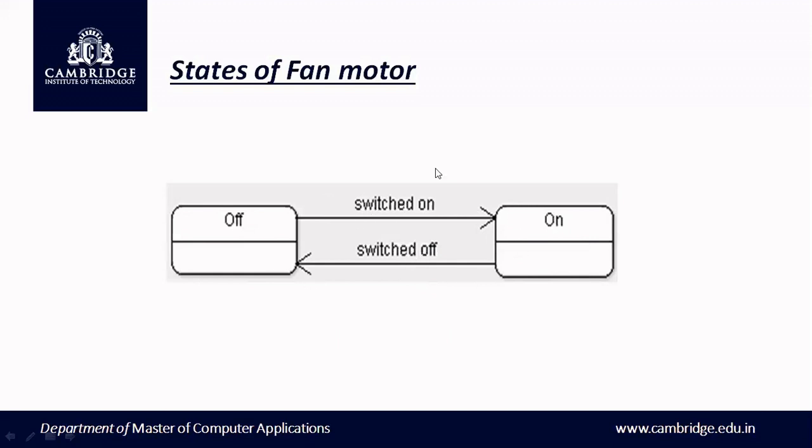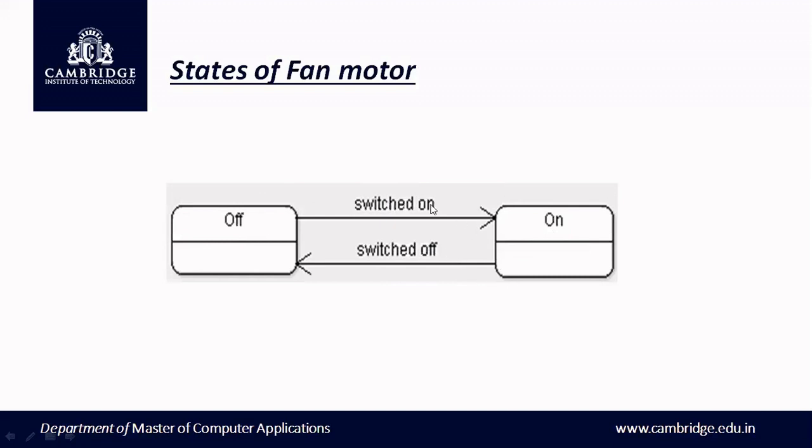So depending on the state, it goes to the other state when an event occurs, which is in the form of an input to the switch. That is, whether the switch is on or off, we are going to change from one state to the other state. So here switch on and switch off are the two events that are occurring.